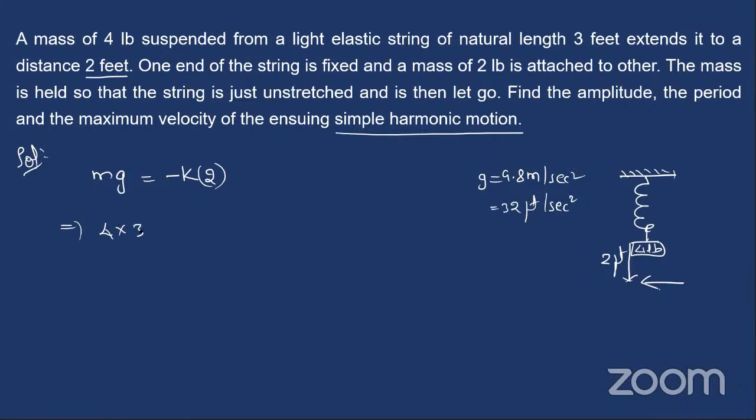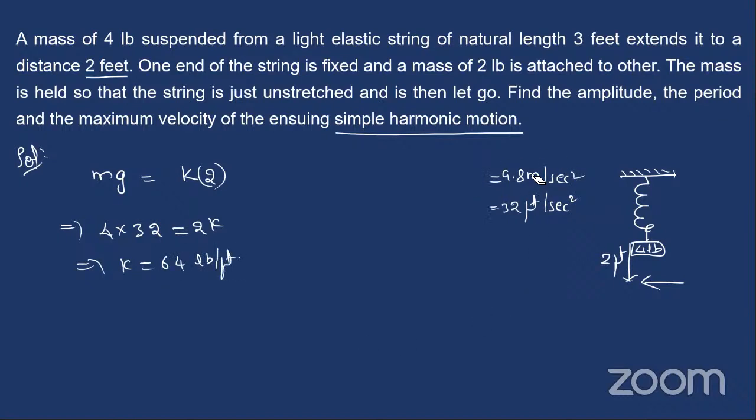That's how I'm taking this as 32, and this is equal to 2k. Then this implies, if we simplify, we get k as 64 lb per foot. This is the restoring constant here.